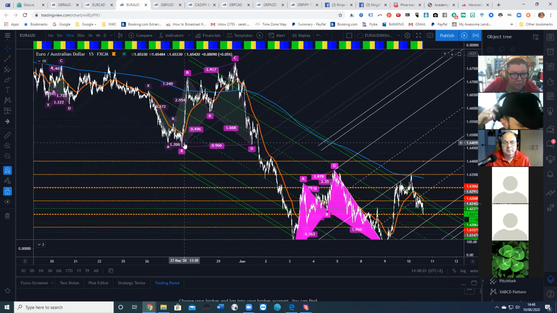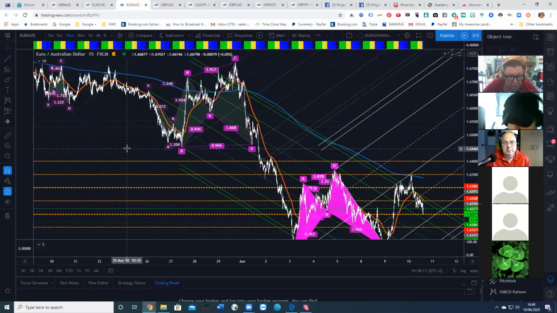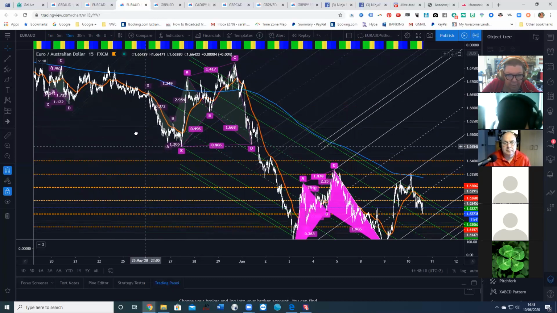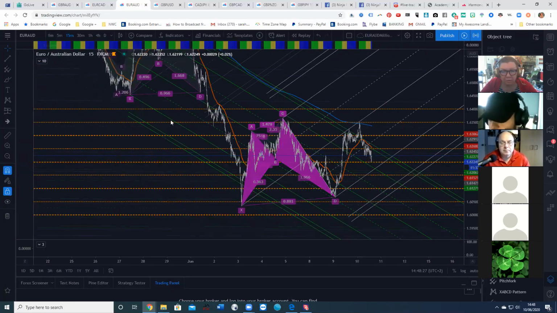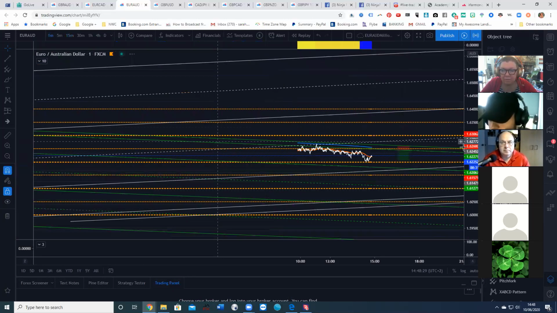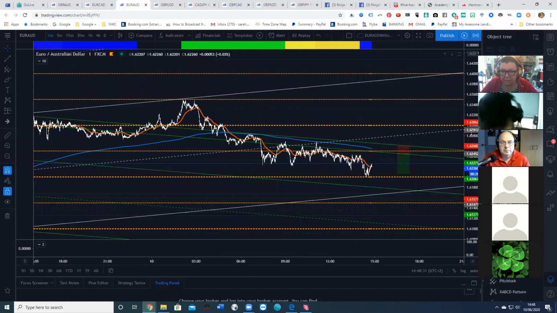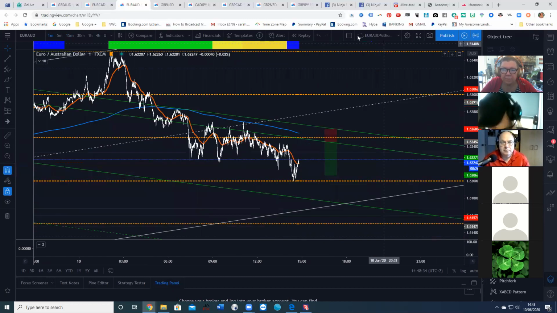Oh, I've got that as an XA. So I drew that as a second pitchfork. So that's one of mine. Just so you know. So that's Euro Ord. And we'll go on to something else.